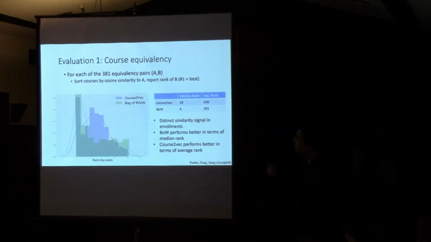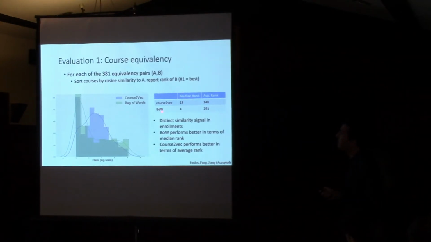So when validating for equivalency, we took each of the 381 equivalent pairs and sorted the courses by their similarity to A, and if B was at the top of the list, it was considered a hit. Otherwise, it was a miss. The median rank of B in our course2vec model was 18.